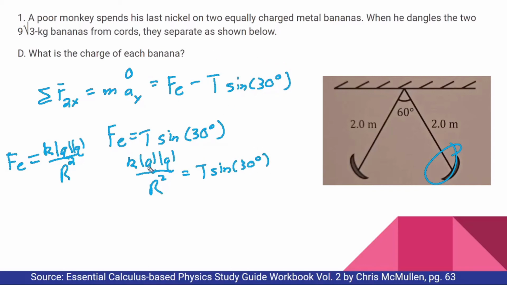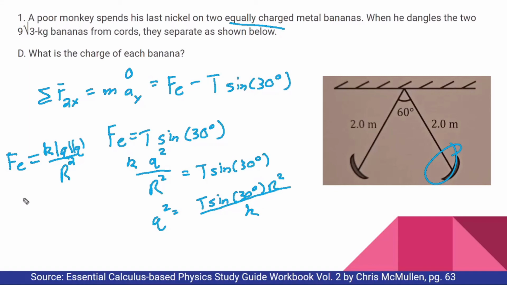Well, we know that because our two bananas are equally charged, the charges are going to be the same, so we can instead rewrite this part as q squared. From here, we have to manipulate the equation in order to get our charge. We can get it by dividing both sides by k and multiplying both sides by r squared. So then we end up with q squared is equal to tension times sine 30 degrees times r squared divided by k.